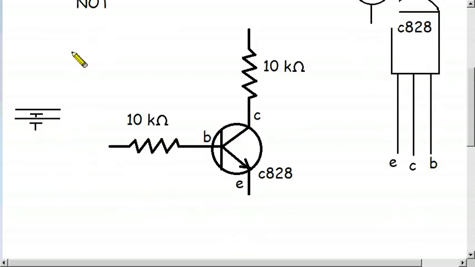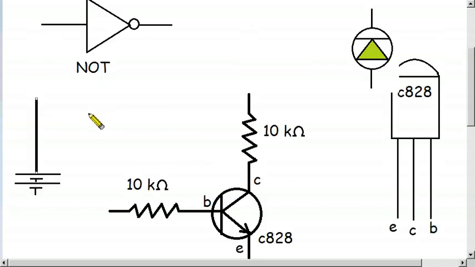You can use just penlight batteries, so 1.5 volt batteries. You have to use 4 batteries if you use penlight batteries like this, because you need 6 volts.